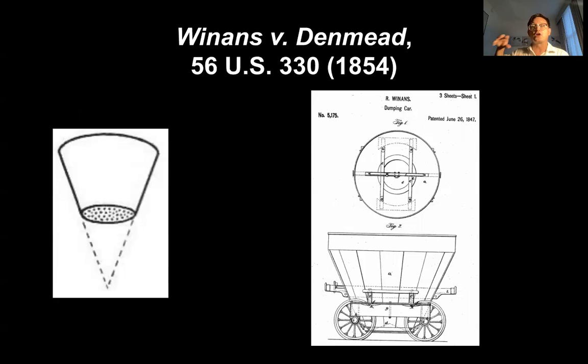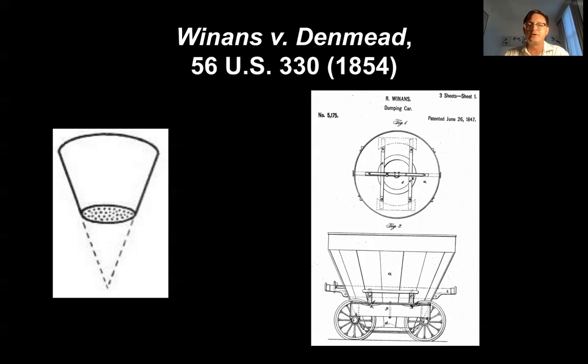So this doctrine of equivalence was born in the Supreme Court's Winans v. Denmead case, right? And it involved a patent over a railroad car that could be used for dumping loose material. And the railroad car was in the shape of the frustum of a cone, as it's called. So it's sort of like the top part of a cone pointing down.